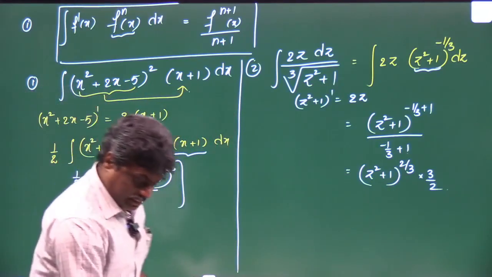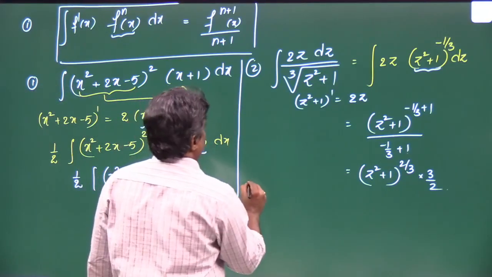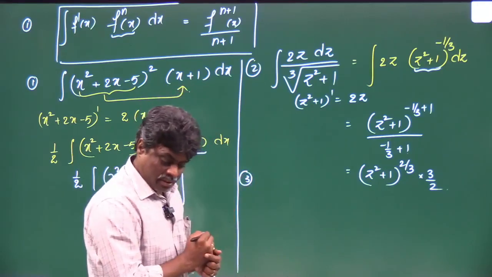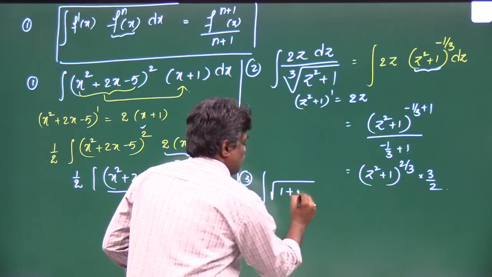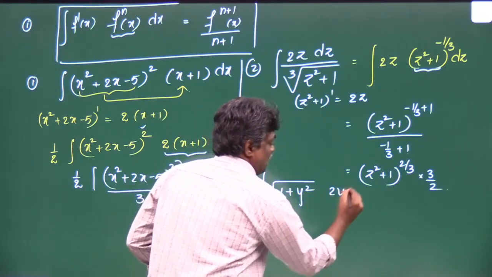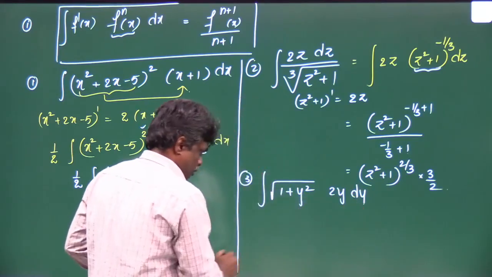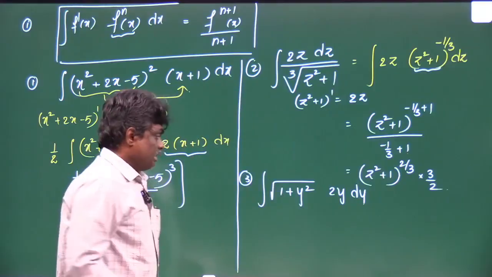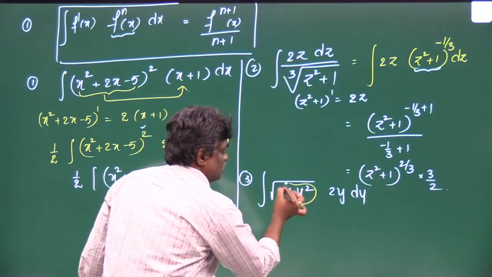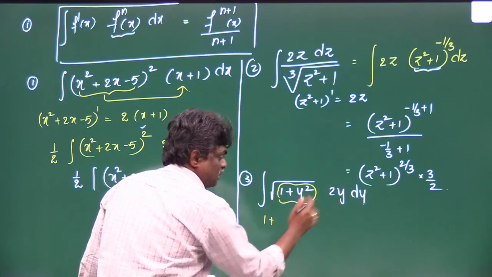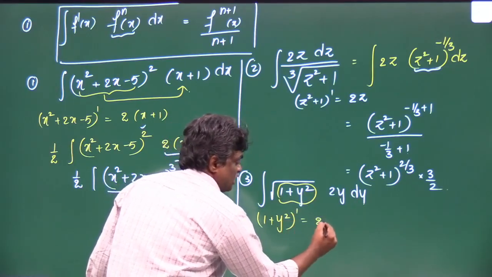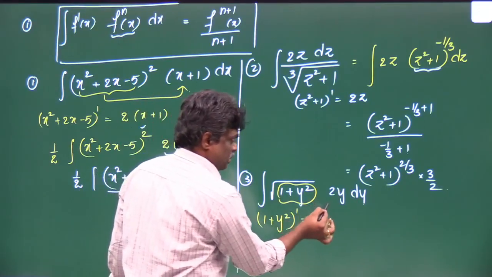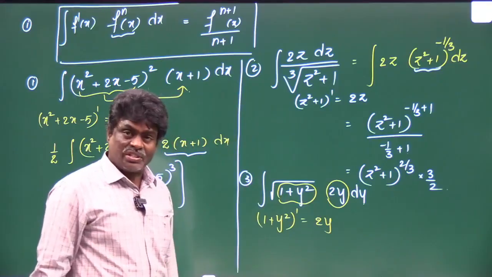So let us take the third one also. That is, we have third one: integral under root 1 plus y square, 2y dy. So I hope now you understand. Please do it yourself. This is my function and I want to cross check whether I have that differentiation or not. 1 plus y square differentiation is 2y. Yes, absolutely I have that differentiation.